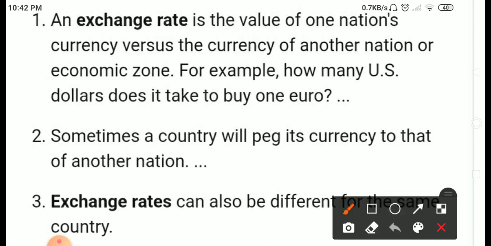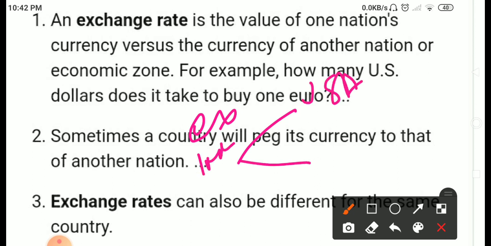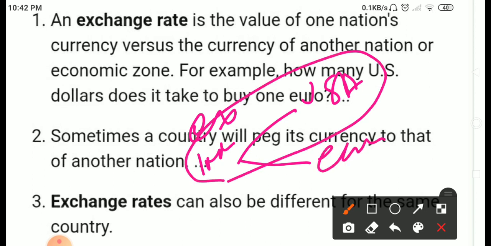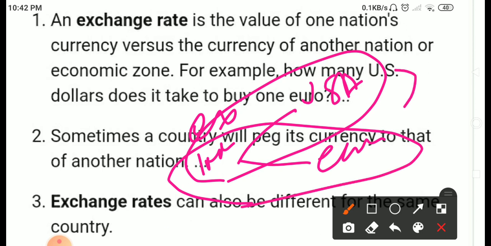It depends on the country. The exchange rate is applicable for one country with respect to another. Like here is India, here is USA, and here is the euro. So India with respect to USA will have one exchange rate, and India with respect to euro will be different. So the exchange rate can also be different for the same country.